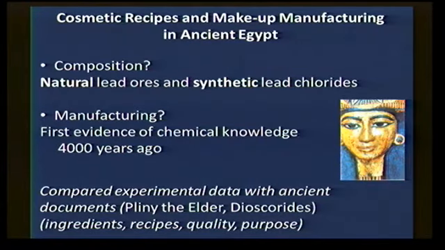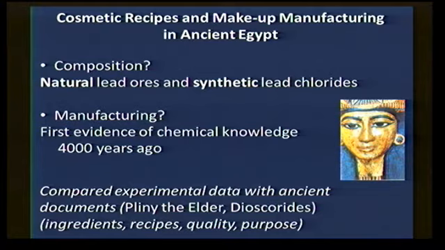So we were able to identify natural lead ores, such as galena, and we were able to identify synthetic lead materials, in particular lead chlorides. And what we were able to show here was the first evidence of chemical know-how, chemical knowledge 4,000 years ago.